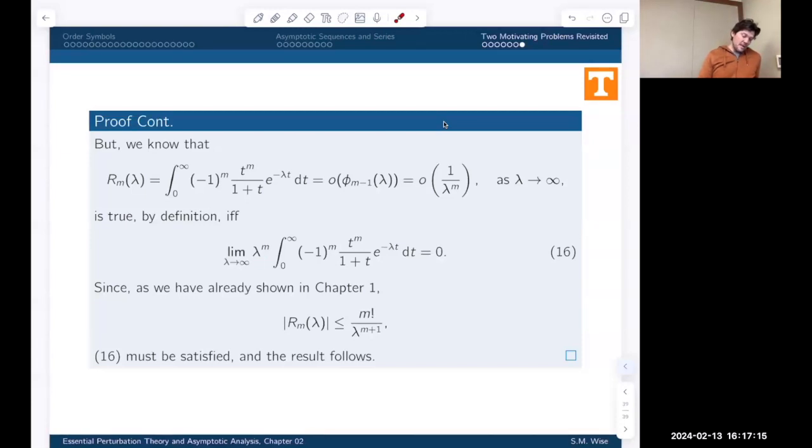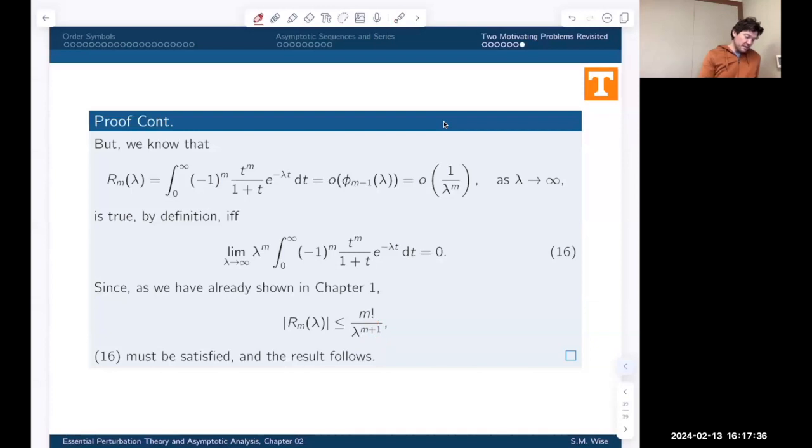Now, in chapter 1, we showed that this whole integral, if I take an absolute value of it, you can bring the absolute values inside and do a couple of little tricks. We can show that this remainder in absolute value is less than m factorial over lambda to the m minus 1.